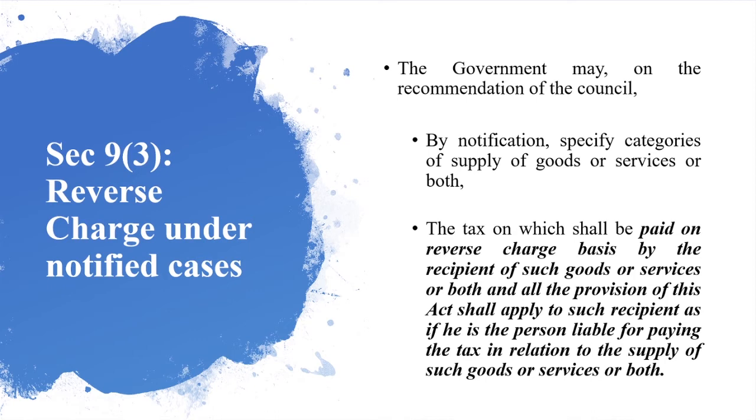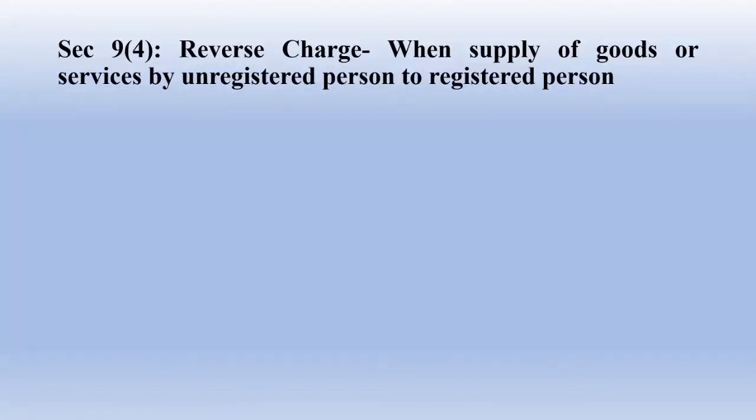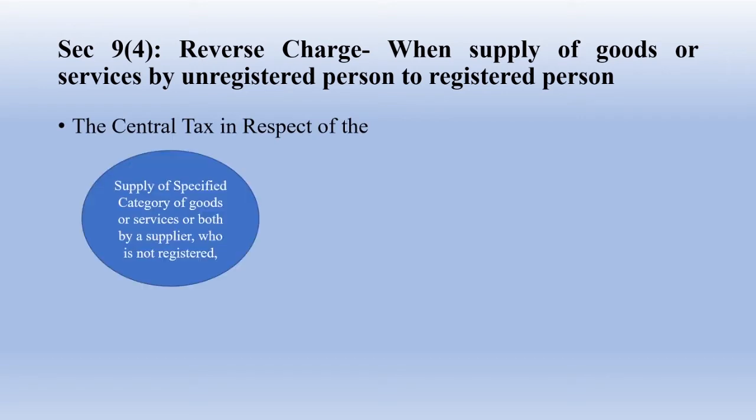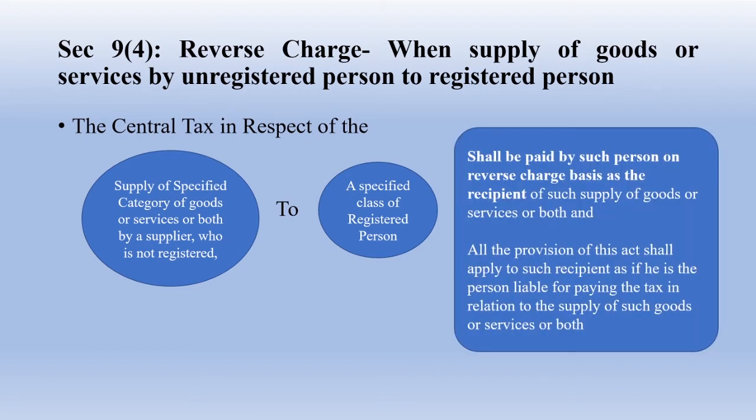Then let's see section 9 subsection 4 of the CGST Act 2017, which says that the central tax in respect of the supply of specified categories of goods or services or both by a supplier who is not registered to a specified class of registered persons shall be paid by such person on reverse charge basis as the recipient of such supply of goods or services or both, and all the provisions of this Act shall apply to such recipient as if he is the person liable for paying the tax in relation to such supply of goods or services or both.